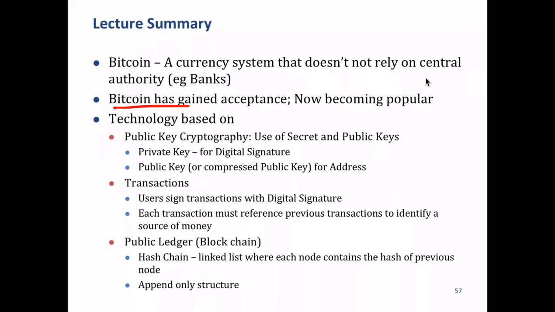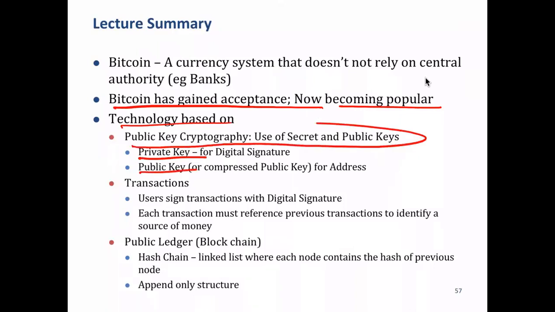Bitcoin of course has gained acceptance and is now becoming popular. A good number of organizations have started accepting it. The technology is based on a few things. First, identification is based on public key and private key, which is nothing but the public key encryption that we have studied.